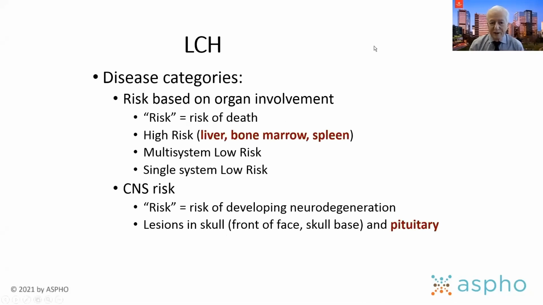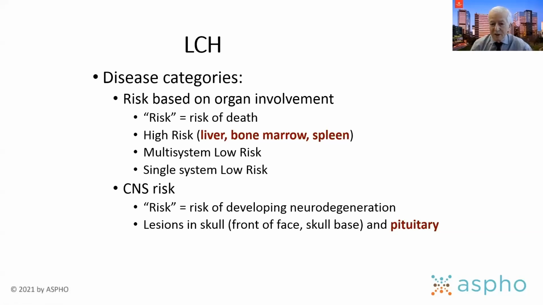LCH patients are divided into risk categories: high risk and low risk. And risk means risk of death, and it's based upon results of the Histiocyte Society trials years ago, in which those children who had liver, bone marrow, and spleen involvement had higher mortality than those who did not.